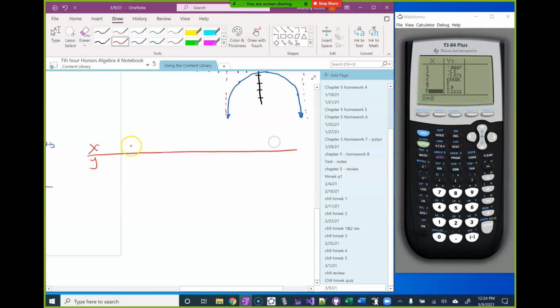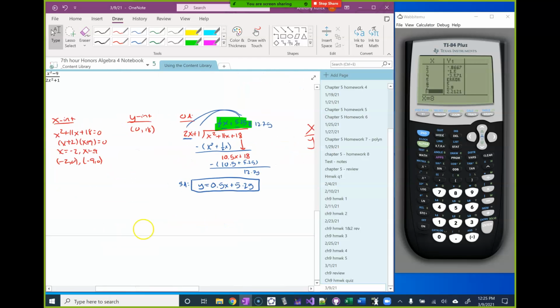So I have my negative 0.5, which is my vertical asymptote, as my middle. And now what I'm going to do here is I'm going to use the x-intercepts over here.